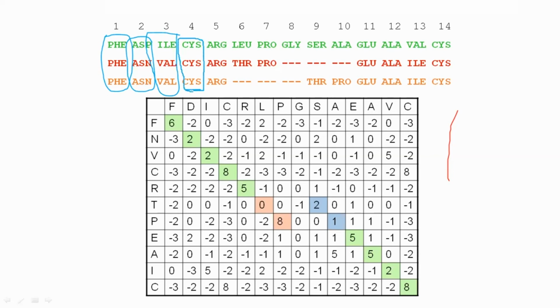Now you can get the difference between identical and similar. See here, arginine, arginine, arginine, arginine. So they are identical. Here, isoleucine and valine. So they are similar. Similar is nothing but the same physiochemical properties.